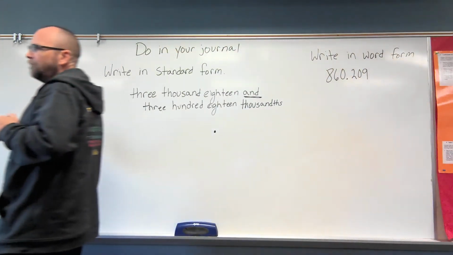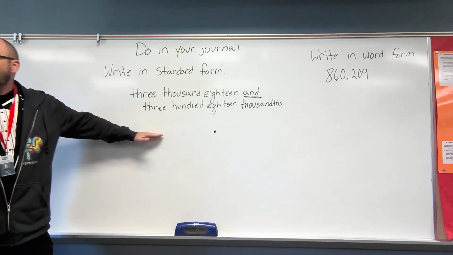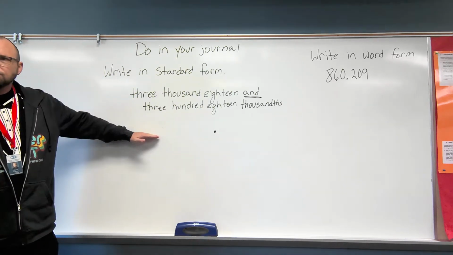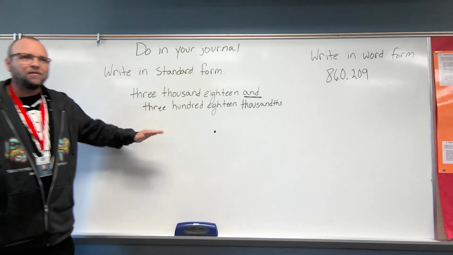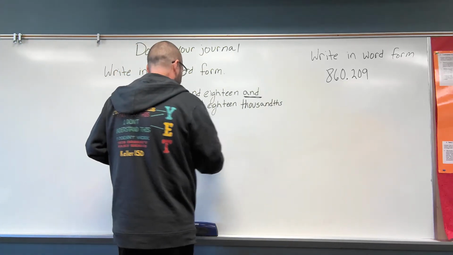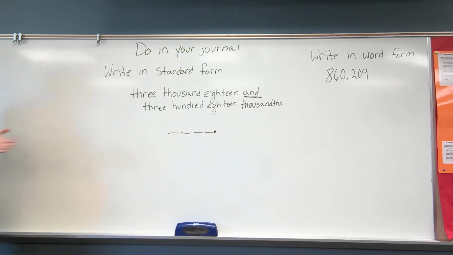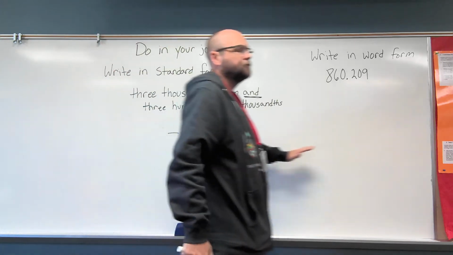It says 3,018. So how many digits are going to be in front of the "and"? 4. Since it says 3,000, that tells us we have to have 4 digits in front of the decimal point.